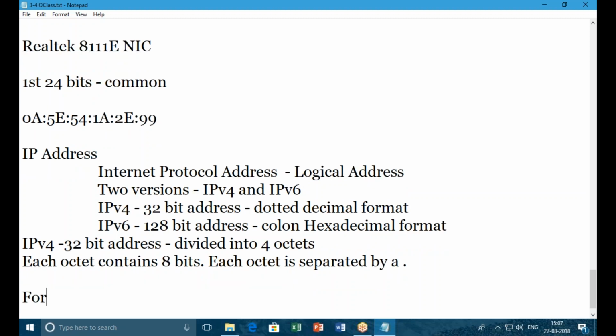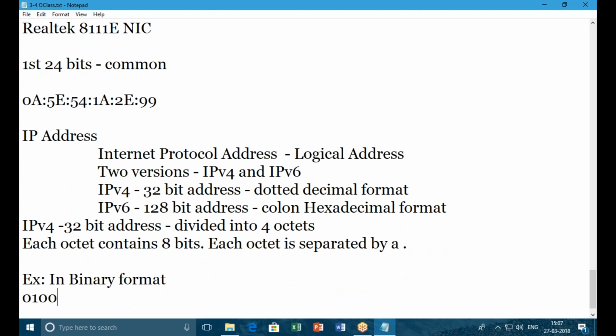So if you write an IP address in binary format, the address will look like this: dot, dot, dot. So this is the first octet, second octet, third octet, and fourth octet.